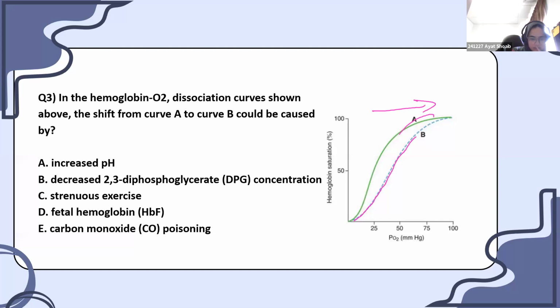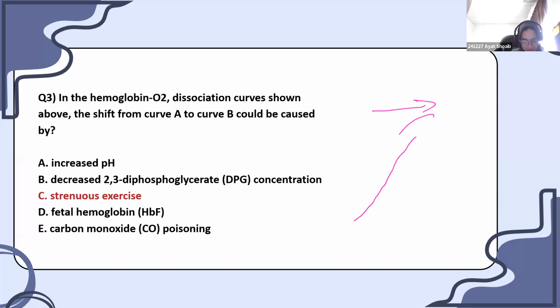Maybe A or C, D or E. Fetal hemoglobin. Okay, so basically the answer is C.